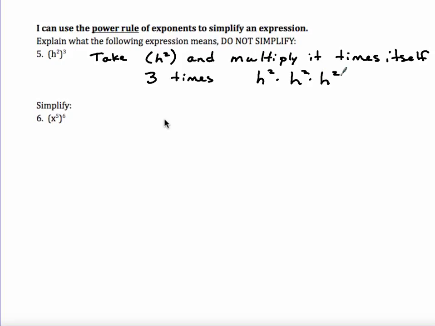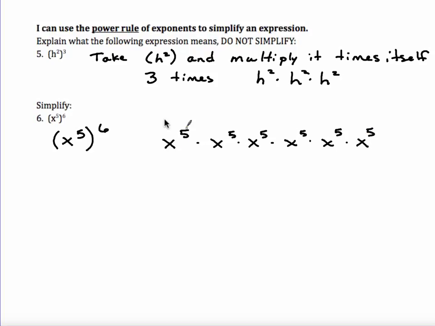So then for number 6, it wants us to go ahead and actually simplify, and I've got x to the 5th, 6 times. So that means to take x to the 5th times x to the 5th times x to the 5th times x to the 5th, 6 of those. And then if I were to multiply this out further and keep simplifying, x to the 5th means x times x times x times x times x.